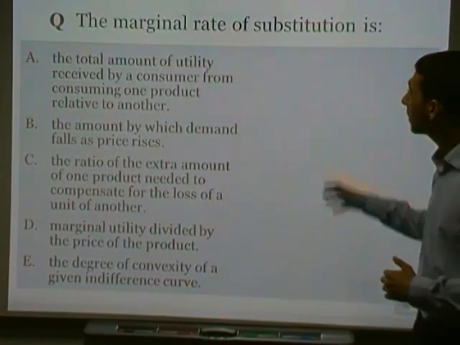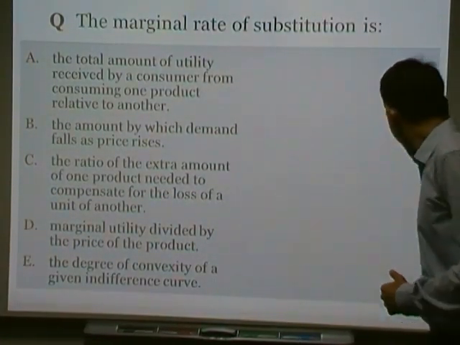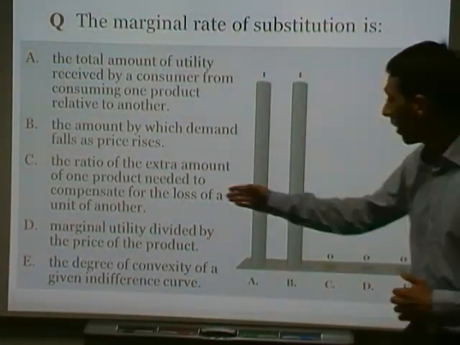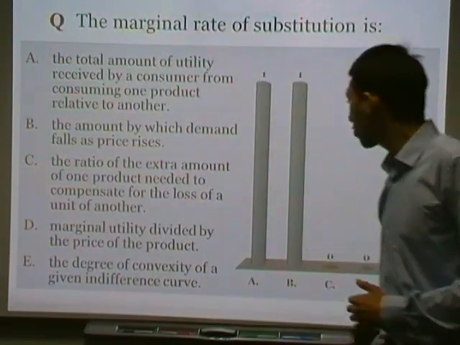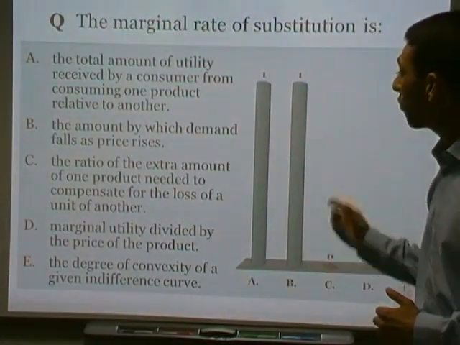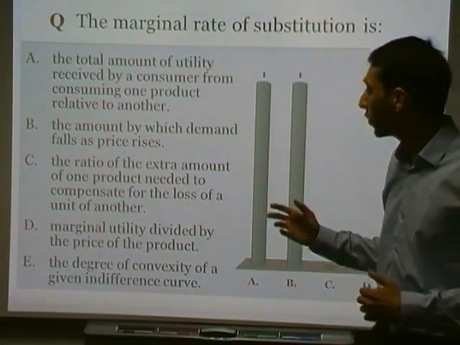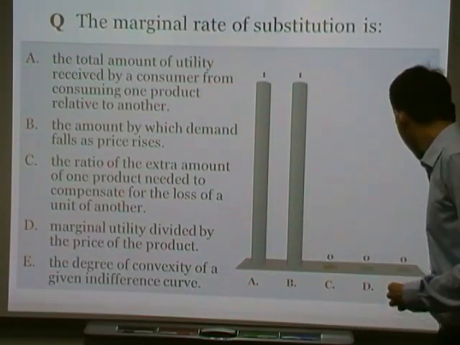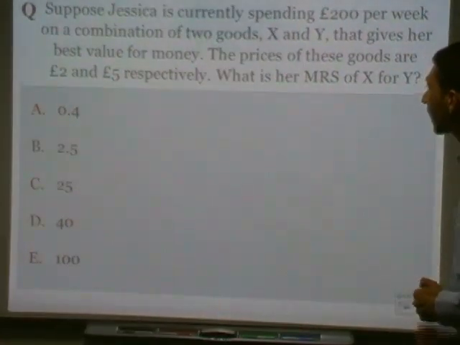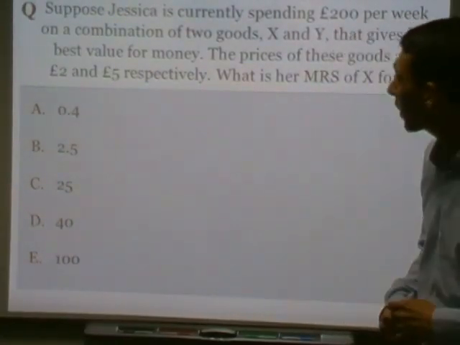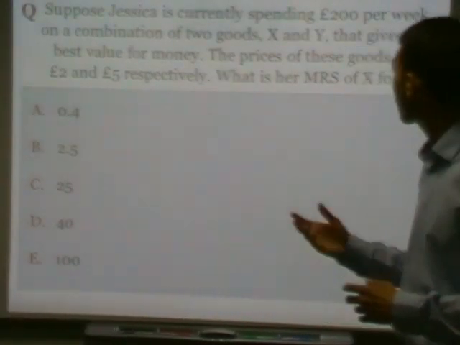Now we have seen that the marginal rate of substitution is the ratio of the extra amount of one product needed to compensate for the loss of a unit of another, right? Now, suppose Jessica is currently spending £200 per week on a combination of two goods X and Y that gives her best value for money.